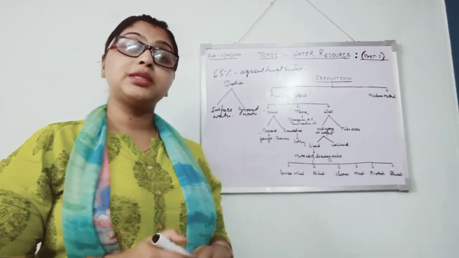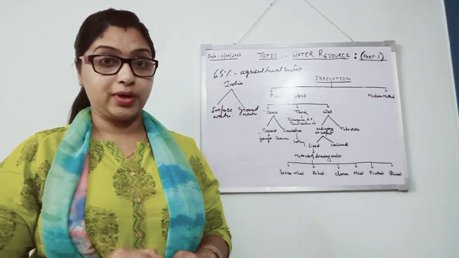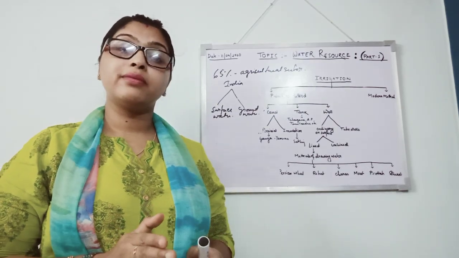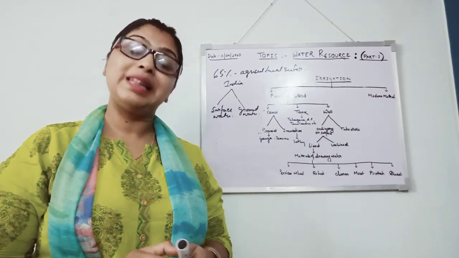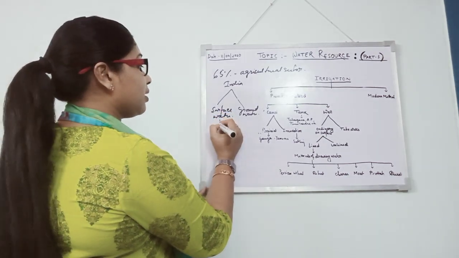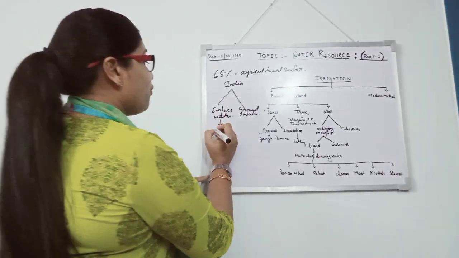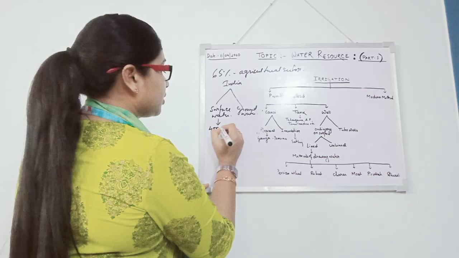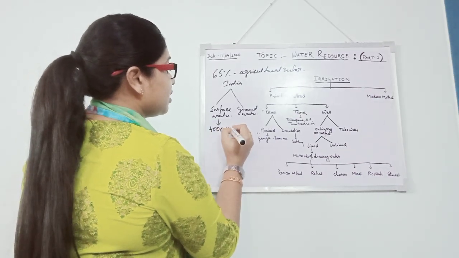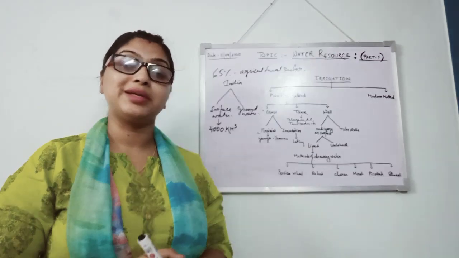Surface water means the water which is available over the earth's surface in the form of rivers, streams and lakes. These are surface water. And India has a large amount of surface water, 4,000 million cubic meters of water present in India.